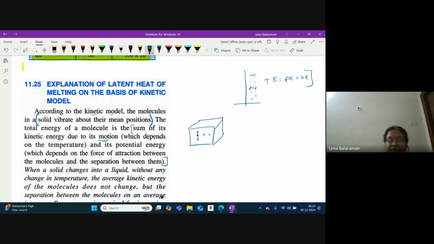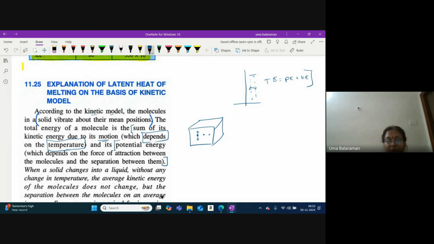Kinetic energy is due to motion, and it depends on temperature. If you heat, it starts vibrating even further. You can see in boiling water, the molecules jump up and down. So kinetic energy is more on heating.